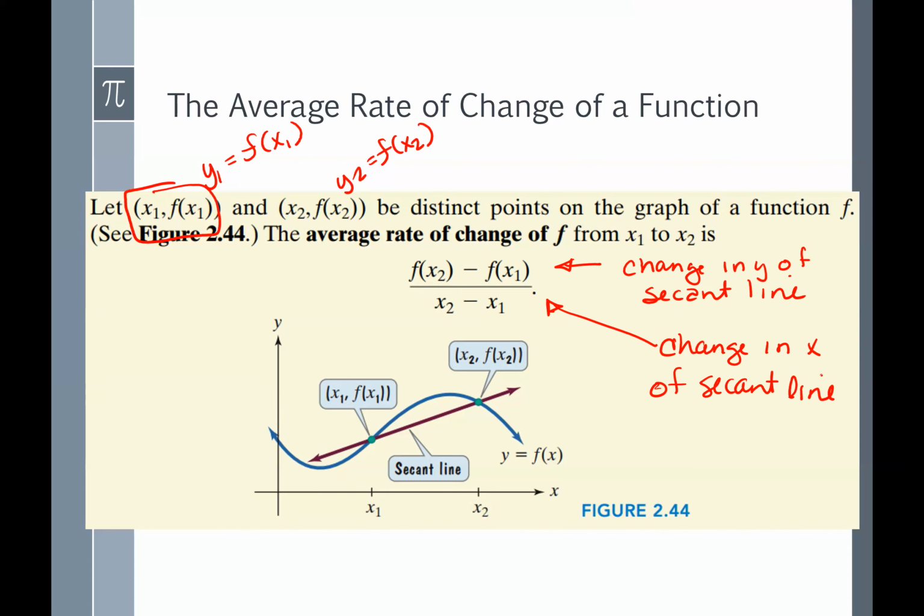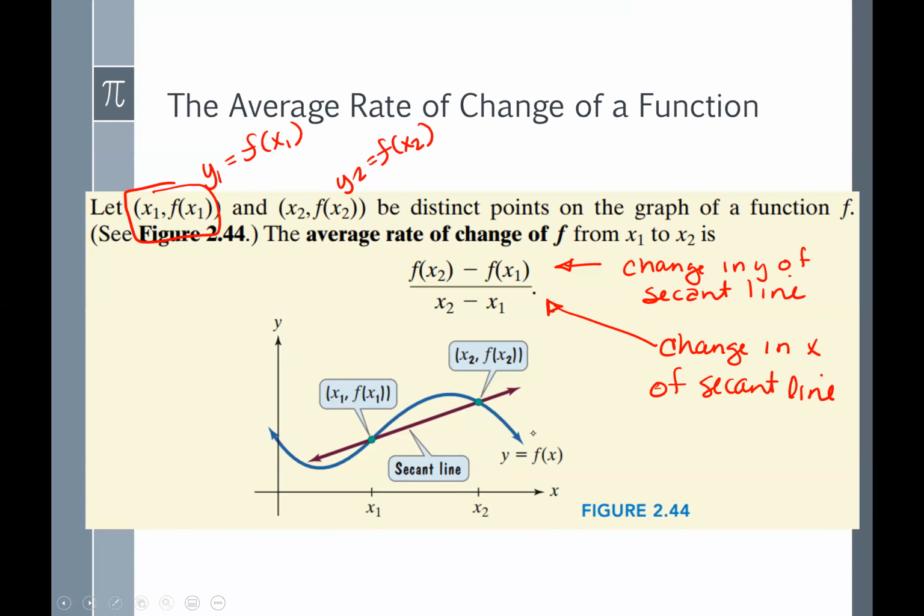So that is the average rate of change of that function between those 2 points. And we do this all the time in calculus. As a matter of fact, my business calculus class spent a whole section finding average rates of change. They just finished it.